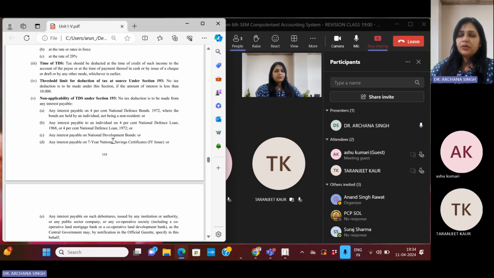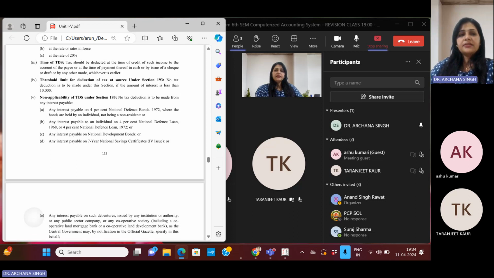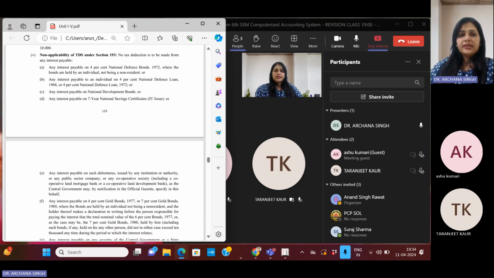Then any interest payable on National Development Bonds or on 7-year National Savings Certificate fourth issue. These are all cases where your TDS will not be cut.